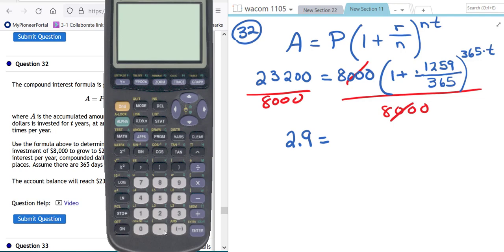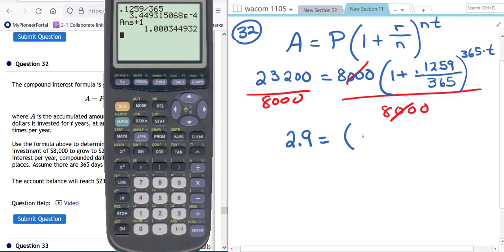That's a bad habit, leaving stuff sitting in there. So 0.1259 divided by 365. Enter. All right, we're going to add 1. All right, so what we have here is 1.00034449. That's far enough. Times 365t.